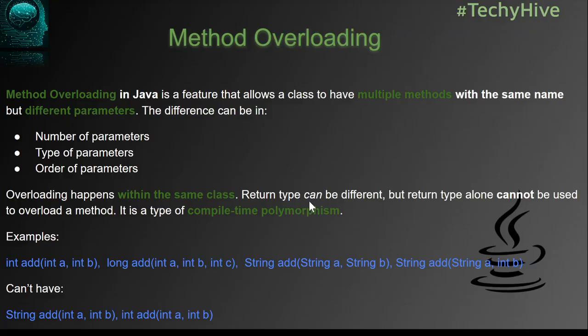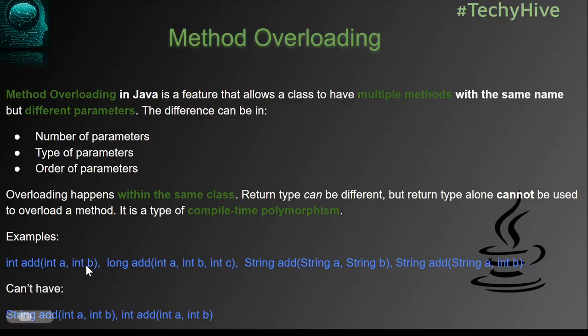The return type can be different. So return type is not used for overloading, and it is a type of compile time polymorphism. Sometimes it is asked what is compile time polymorphism and what is dynamic runtime polymorphism. So remember, method overloading is compile time polymorphism.